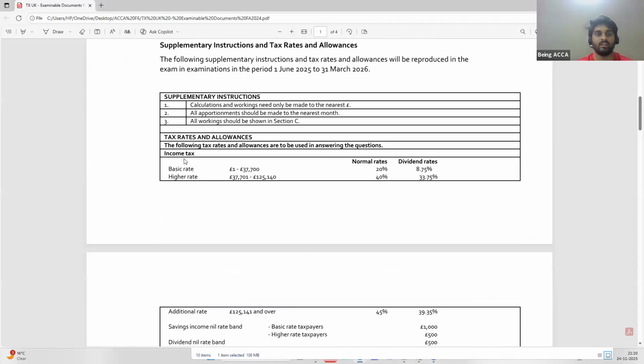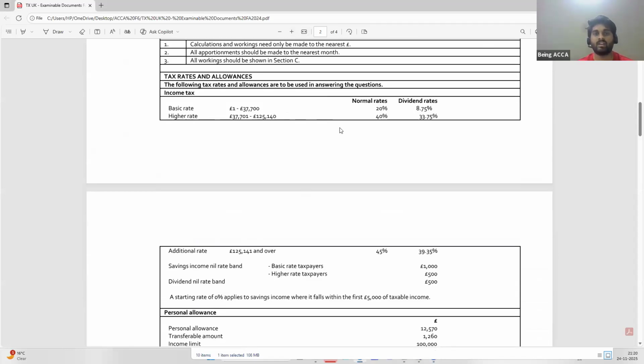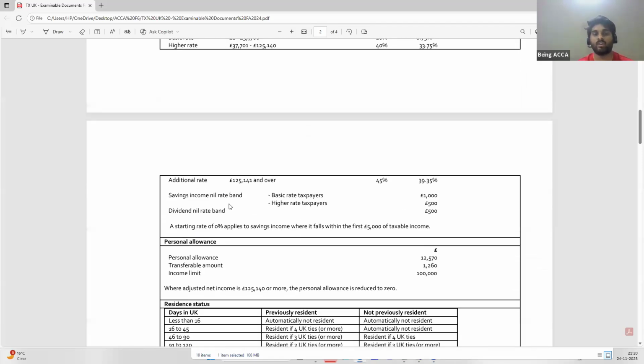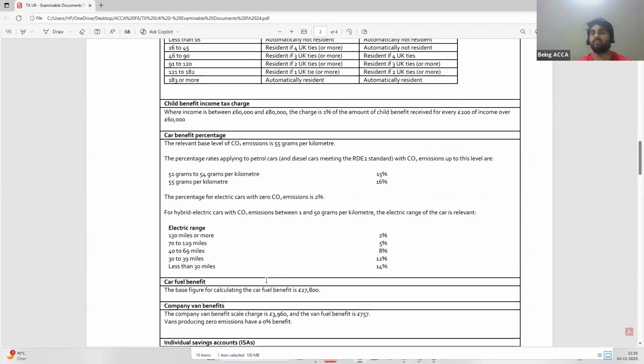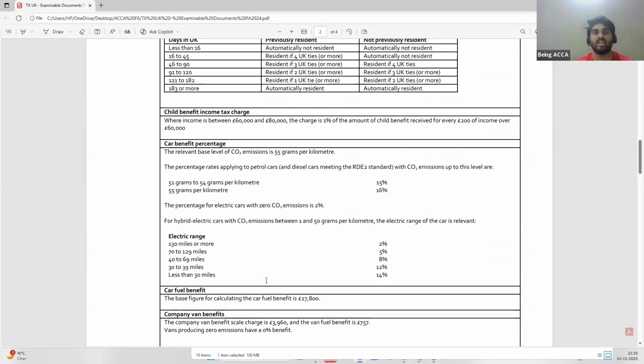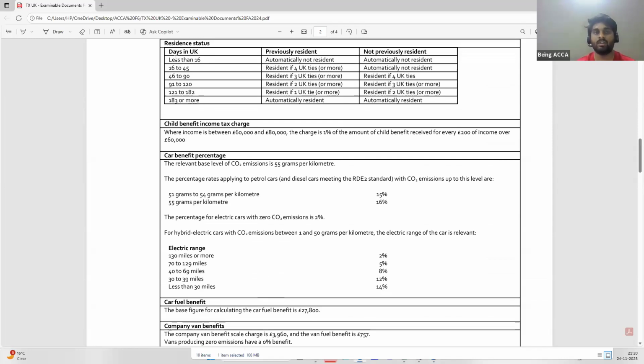you can clearly see the basic tax rates, the higher rate tax rates, the additional rate, the nil rate band, dividend rate band, and personal allowance. All of these will be given to you in the examination. And coming to the residency status, you have to just remember what the residency ties are, but you do not have to remember how many ties are to be satisfied in order to be considered a resident or not.